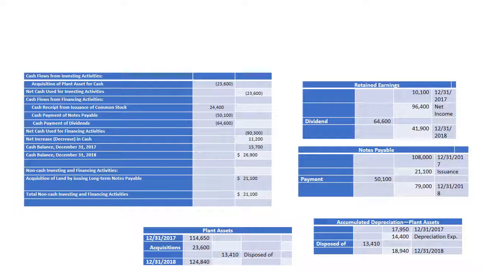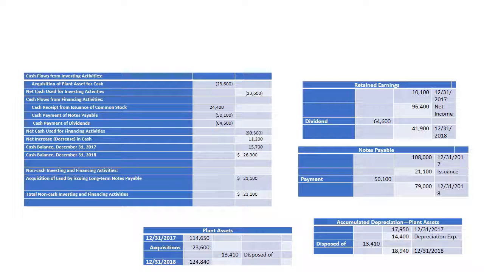So we bought or added an asset for the difference between 124,840 and the 101,240. I'm doing this in my calculator just to prove I'm right in my numbers. $23,600.